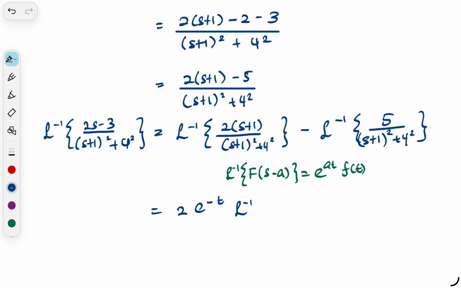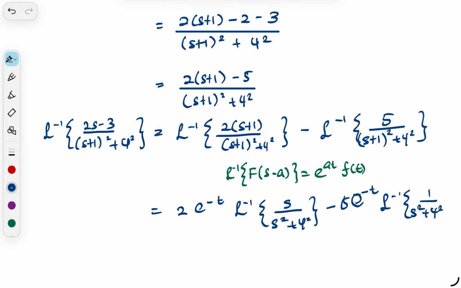My Laplace inverse now will only have s over s squared plus 4 squared. Minus, with e to the negative t, I can bring the 5 out. Negative t. Laplace inverse for 1 over s squared plus 4 squared.